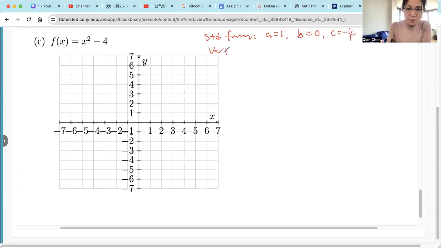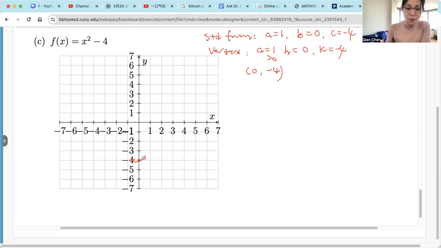In vertex form, we have a equals 1, h, x minus 0, right? h is 0, k is -4. So the vertex is (0, -4). (0, -4) is also a y-intercept. So sometimes the vertex and the y-intercept or maybe x-intercept can overlap. And a is positive, so we get an upward parabola.